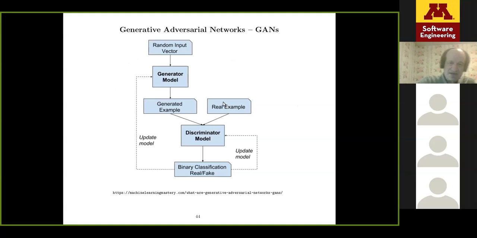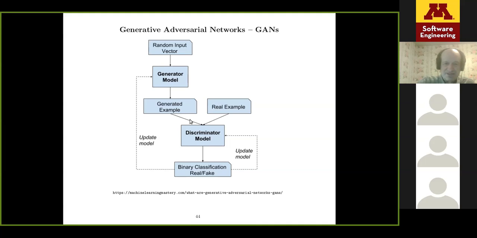And what you want to do is create a generator that would take some random input vector, which would be Gaussian noise, and generate examples that look like the real thing. And then in order to make this happen, you also create a discriminator that tries to tell whether it's a real example or a fake example that came from the generator.